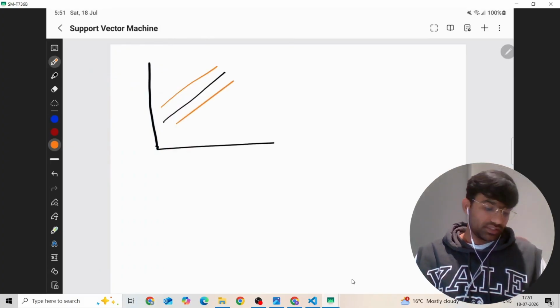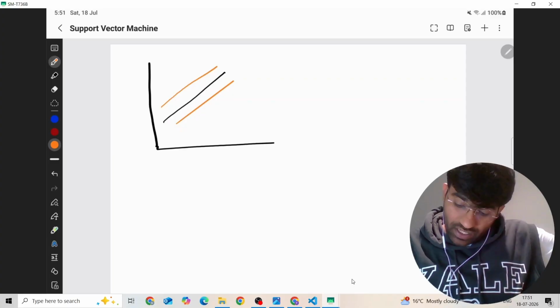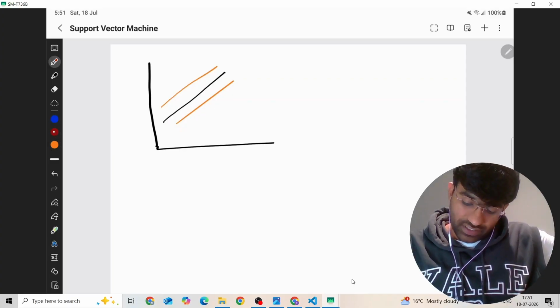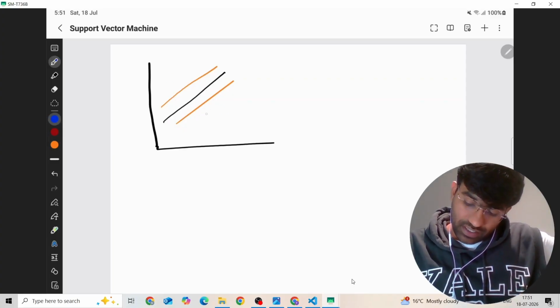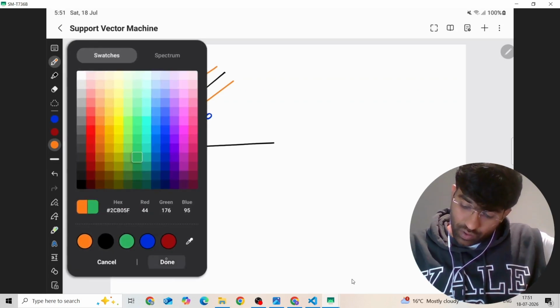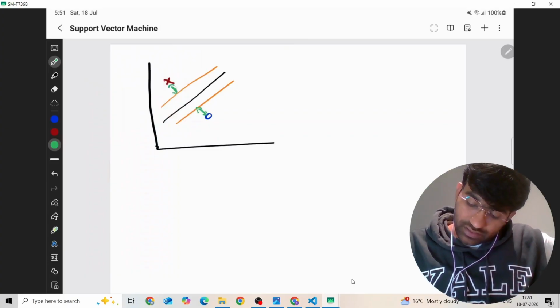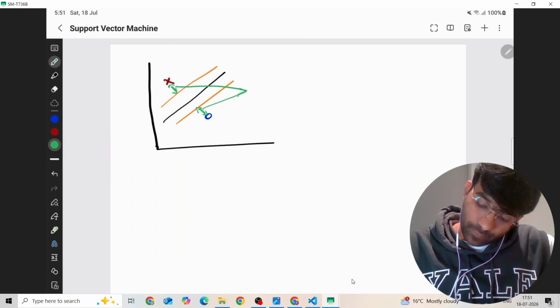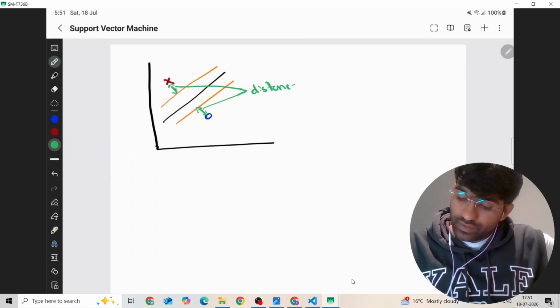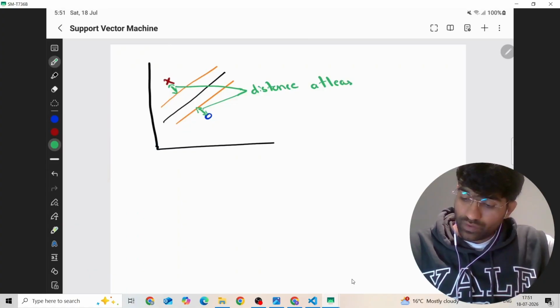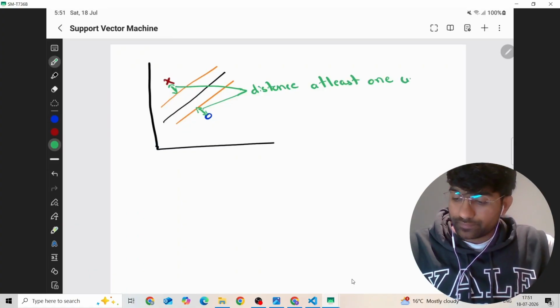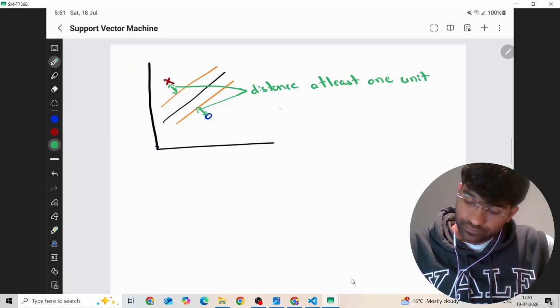What we want is, when we make a classification, we want the classified point to be at least 1 unit away from the margin. The distance between the margin and the classified point should be at least 1 unit away from the margin.